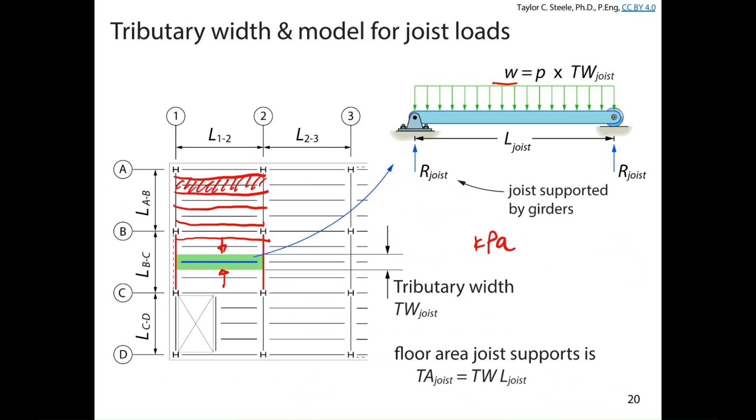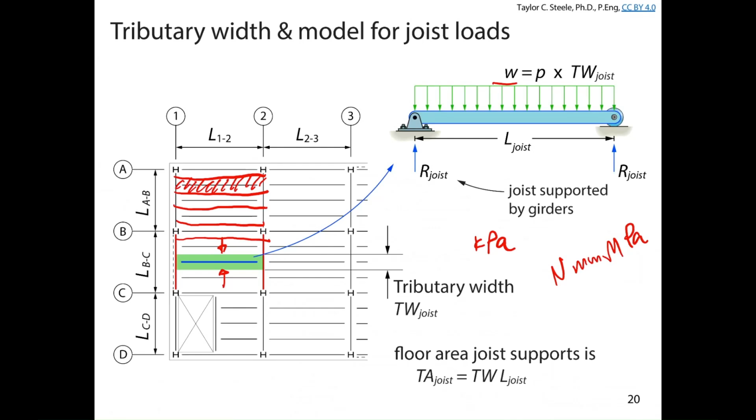And if we're using kilopascals and meters for the load and the tributary width respectively, then we'll get a load in kilonewtons per meter. One of the things you'll hear me say in this course a lot is newtons, millimeters, megapascals. And you're going to hear me talk about that a lot when it comes to the design of the actual steel elements.